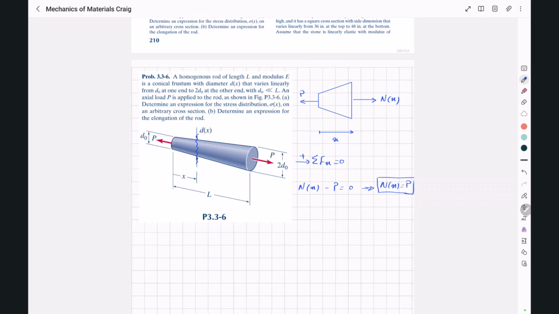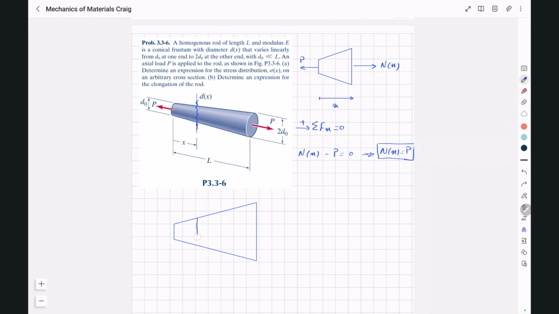Now in order to determine an expression for the stress at this arbitrary cross section, we have to determine the area of this cross section at distance x from the beginning. So if we draw the whole bar, this is a little bit exaggerated, but that's okay.